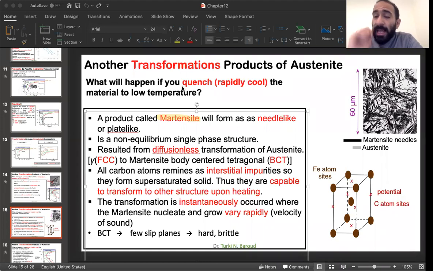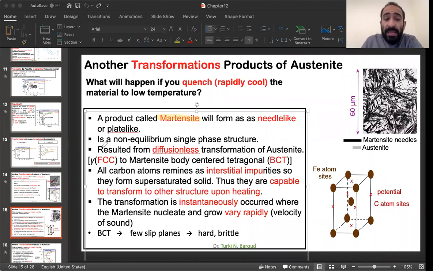Okay? And if you look at the micrograph over here, those black plates, plate-like or needle-like, you see over here, this is the martensite. The white region is actually austenite that did not have time to transform into martensite. This is the retained austenite. Therefore the black needles over here are the martensite.